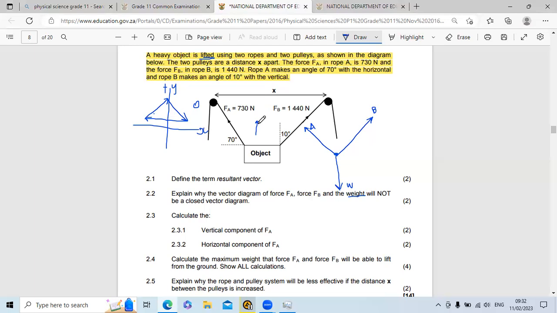So since it's not going up at a constant velocity, that means there's acceleration and the object has a mass, and that means the net force is not going to be 0 because the object is accelerating at the end of the day as it's going up.